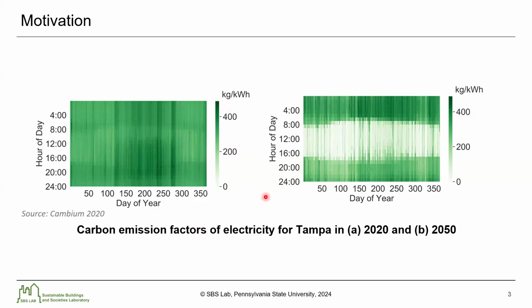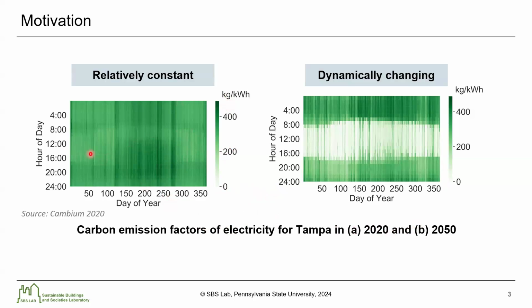The main difference is that in 2020 the emission factor is almost constant. However, in 2050, during the daytime around noon, the emission factor is relatively low because Tampa has a lot of potential to use solar energy, which is clean energy with low carbon emission.